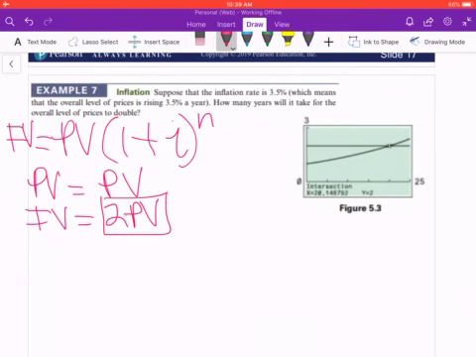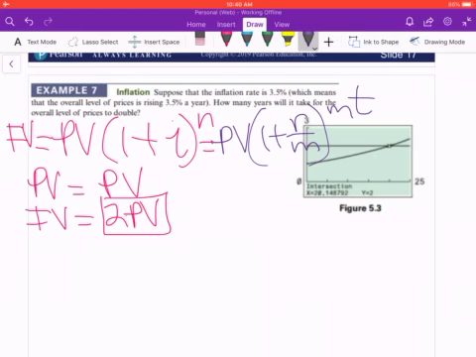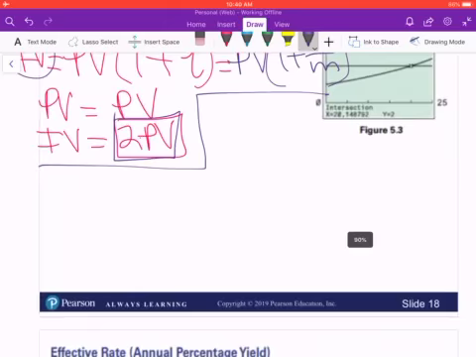So then when we use our formula that I want to remind you is also this. I is replaced with R over M to the power MT. But now, instead of future value, we're going to use 2 times the present value because we want the prices to double.